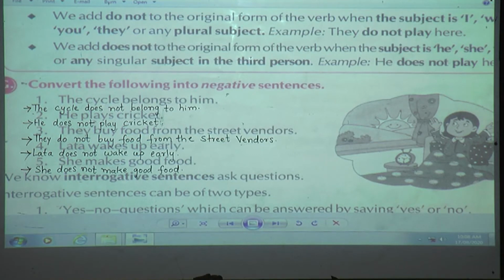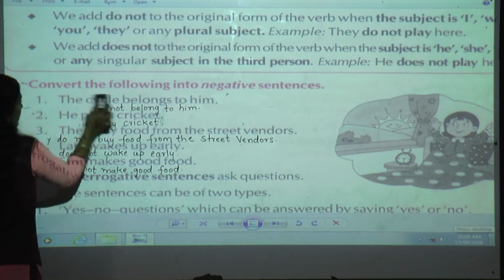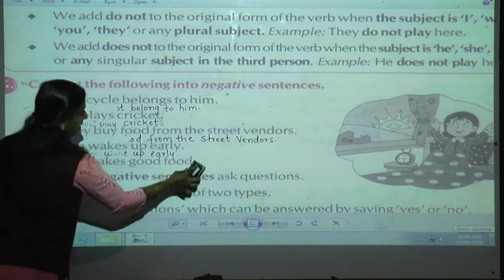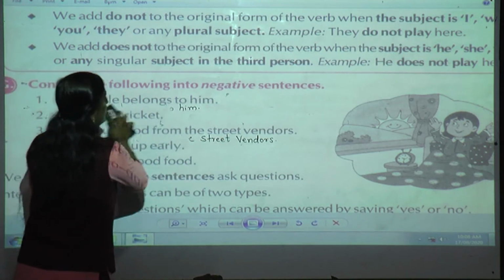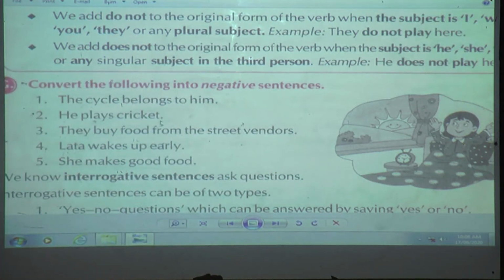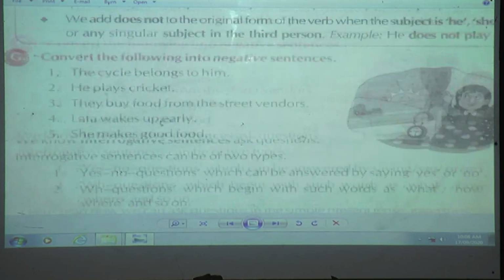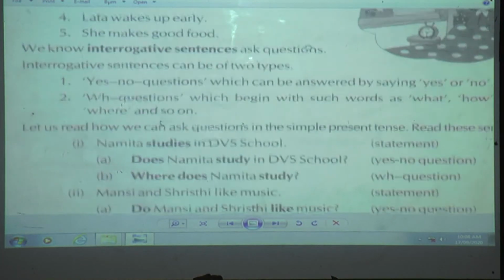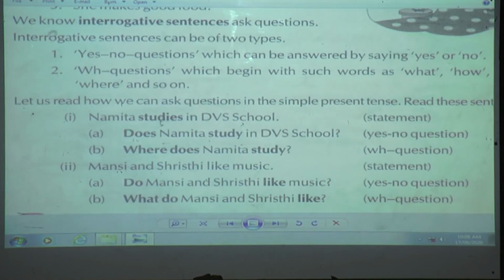Interrogative. What I told you, one more thing we are going to learn, that is interrogative sentences. In that we are going to learn two things, that is yes no questions and WH questions. Interrogative sentence means when we are asking some question.